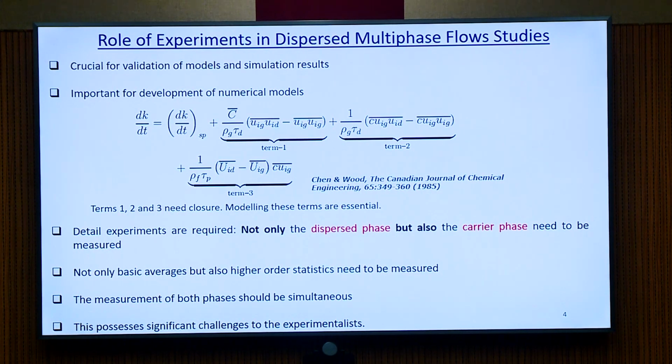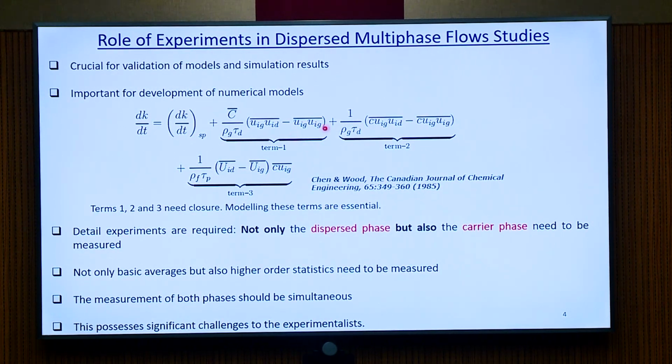So this is only one example where the rate of change of turbulent kinetic energy of the carrier phase is presented, and this equation was developed by Chen and Wood. So you see that the left side represents rate of change of turbulent kinetic energy of the carrier phase when particles are present, while the first term shows the same without particles.